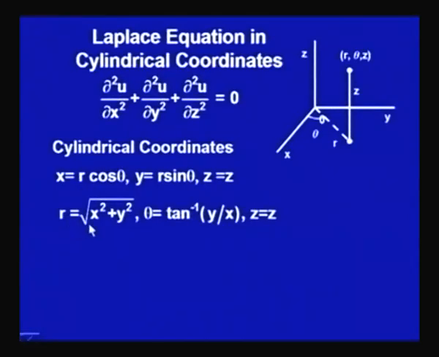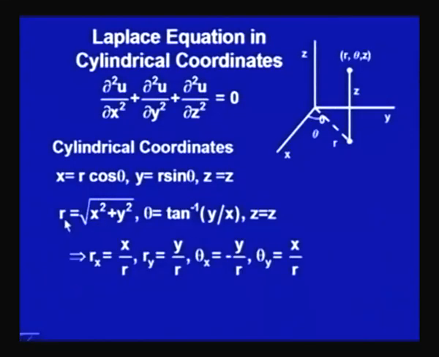We do know that r is nothing but the square root of x square plus y square, theta is nothing but tan inverse y upon x, and z is equal to z. Since we will be concentrating on x and y, first we will find the derivatives of r and theta with respect to x and y, because both r and theta are just functions of x and y only.